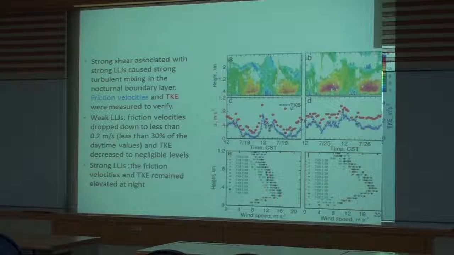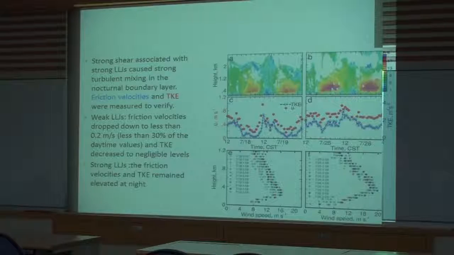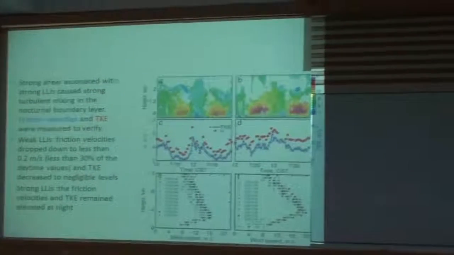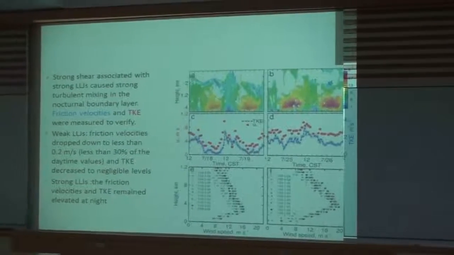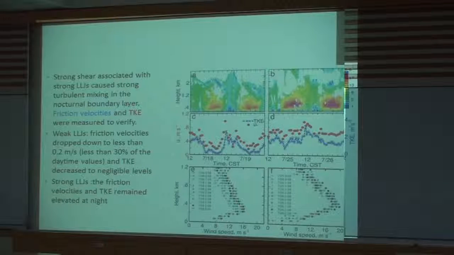Because the boundary layer in this case can grow deeper, the maximum can also be higher compared with the weak case. But the PBL height is a result of how we define the low-level jet, the maximum speed.